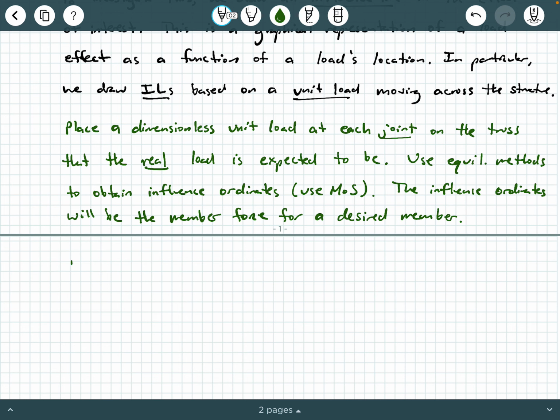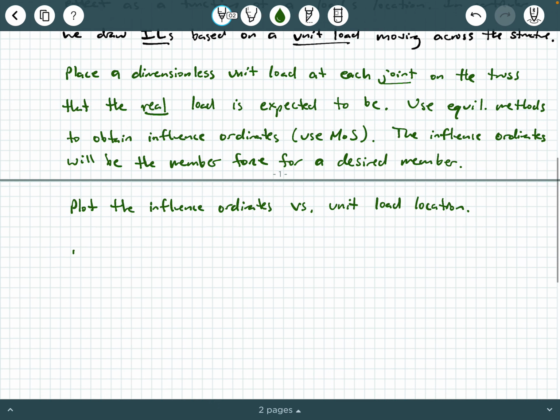And then what we do is we plot the influence ordinate versus unit load location, okay?